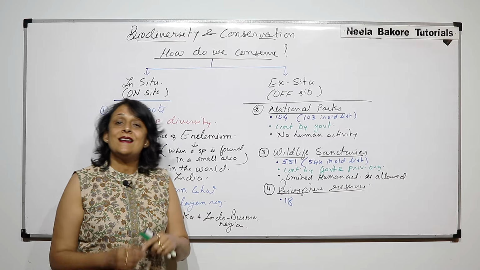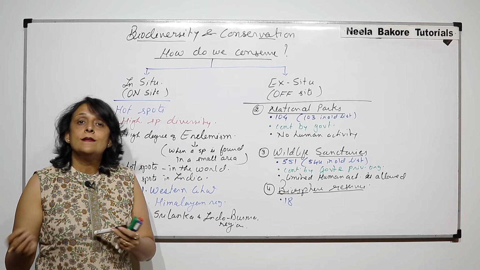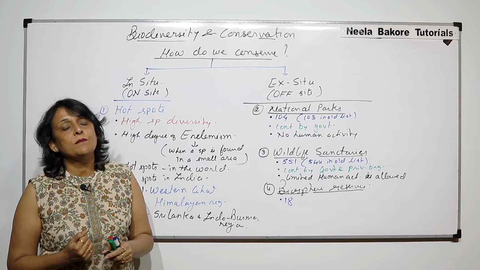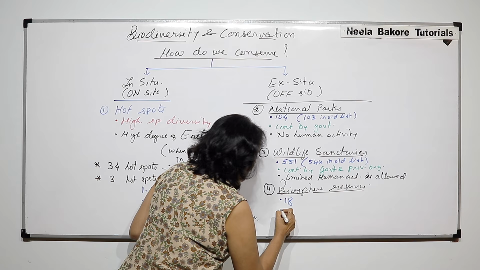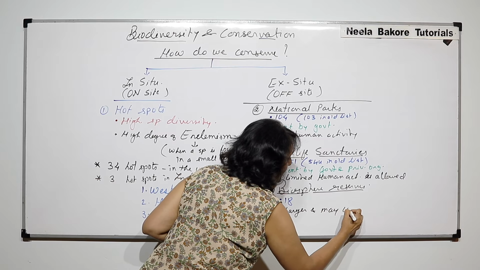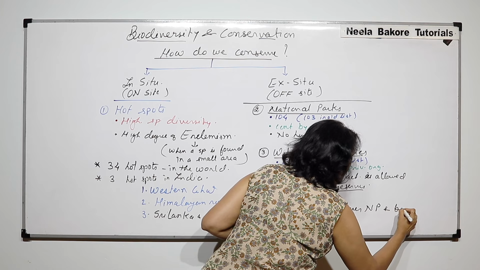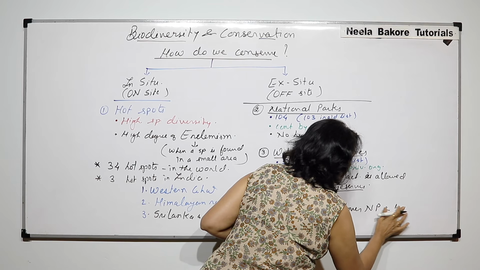Biosphere reserve is a larger area and which may include some national parks and some sanctuaries in it. So these are larger and may cover national parks and sanctuaries.